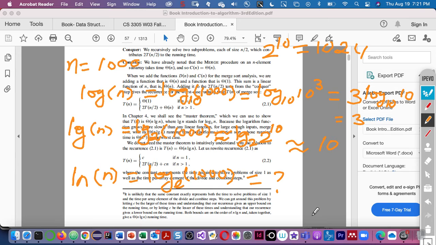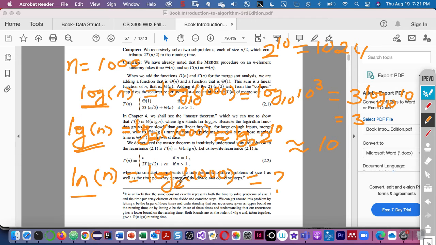So you see that in computer science especially, most of the time we use lg with base 2, because we deal with binary numbers, but in mathematics we use log with base 10 or ln with the exponential base.